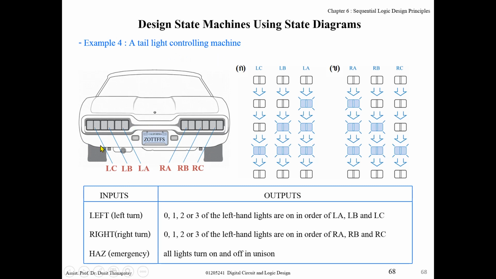For this car's tail light, there are 6 lamps. When clocked, I want the tail light to show the output following this input condition, namely turn left, turn right, and hazard, 3 inputs. If the left input is active, the output will show something like this.